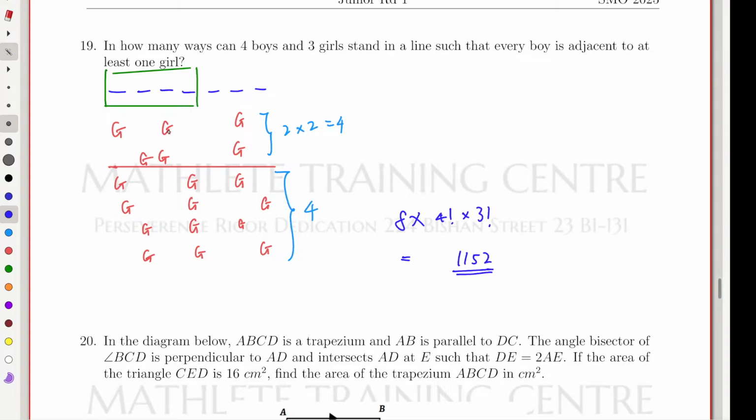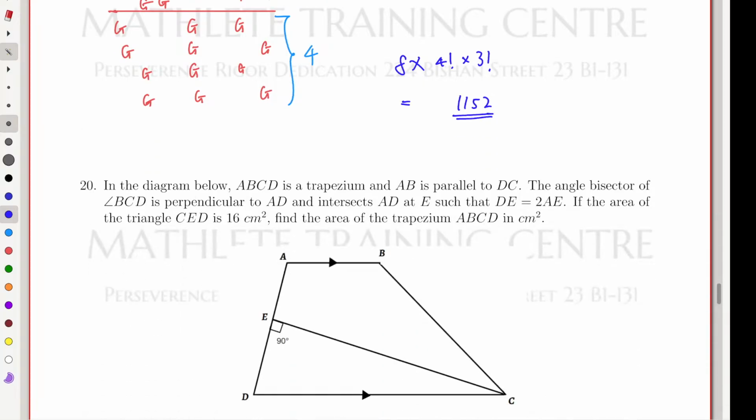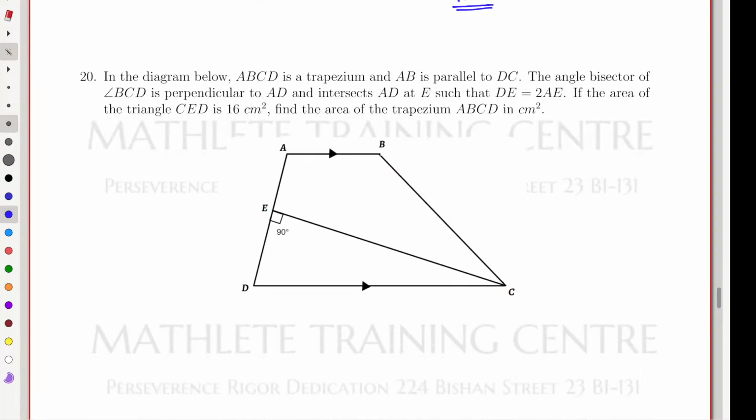Okay. Next question. We have our question number 20. For those of you who are in my Set 1 class, if you see this question, you should be very happy because we just did something like this 3 weeks ago. But instead of that question, I think this one was from 2007 or something like that. Anyway, in the diagram, we have a trapezium ABCD.